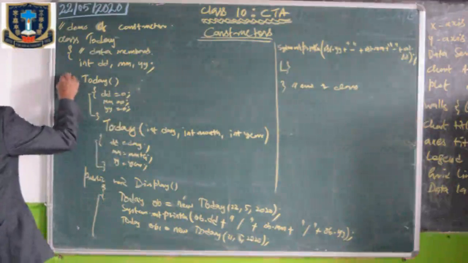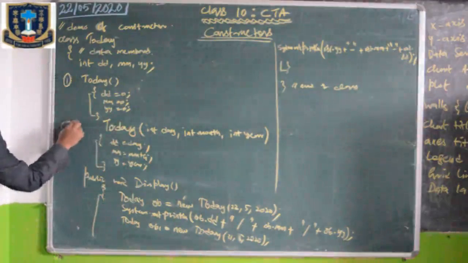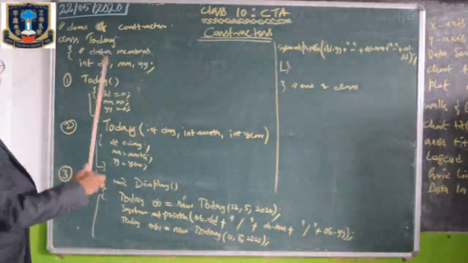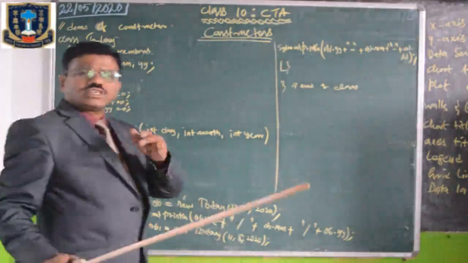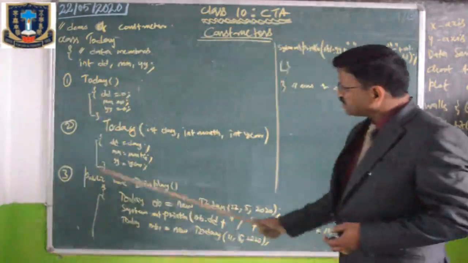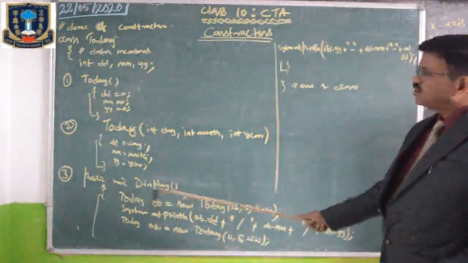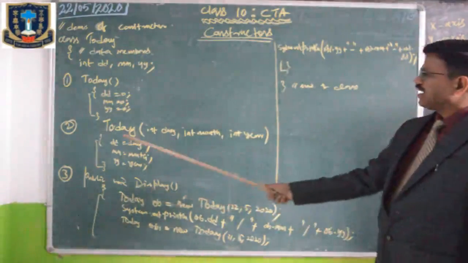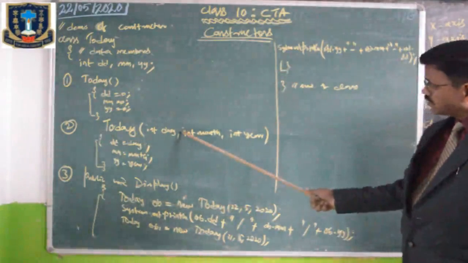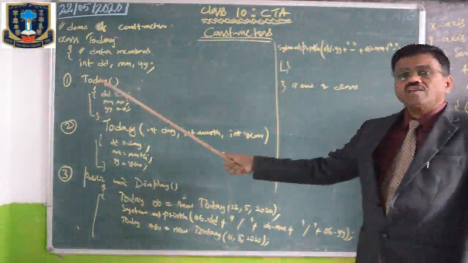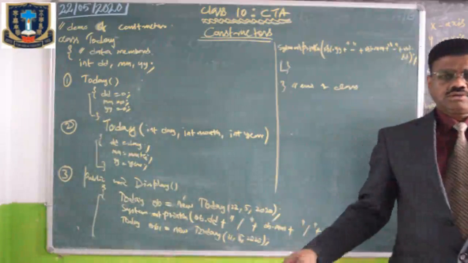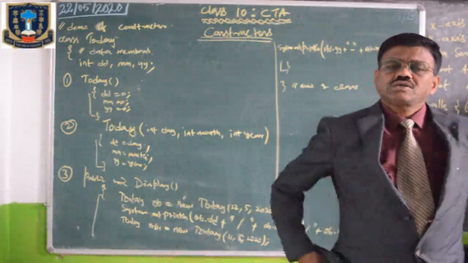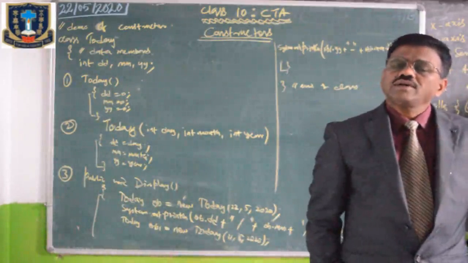So this is the first method, here is the second method and here is the third method. A class called today which has 3 methods. Among the 3, the third method is display which starts here and ends here. The second method is today with parameter and the first method is today without parameter. Right? May I call this constructor overloading?